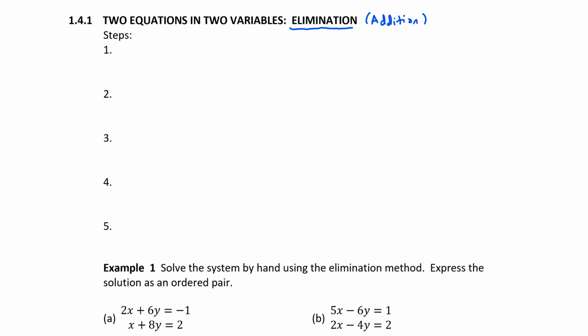So we'll run through the algorithm, or the set of steps, for solving a system of two equations in two variables algebraically by elimination. And when I say algebraically, I simply mean we're going to manipulate the equations to find the solution as opposed to graphing the two lines. So the first step is to be sure that both of our equations are in standard form.